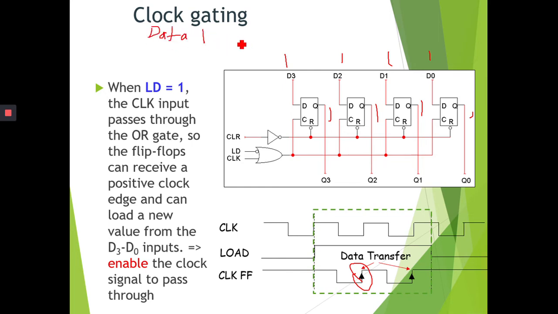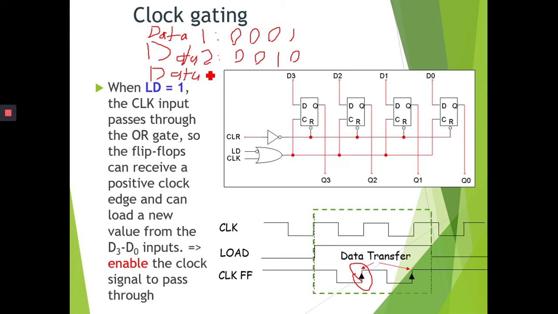Data 1 is 0001, data 2 is 0010, and data 3 is 0100.